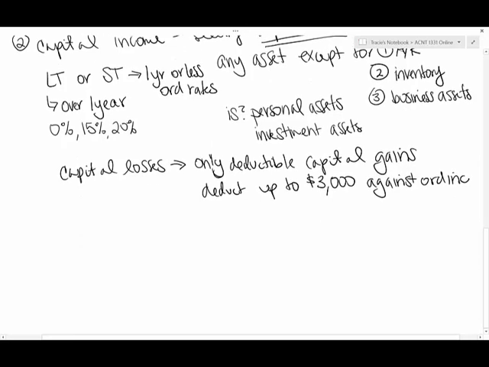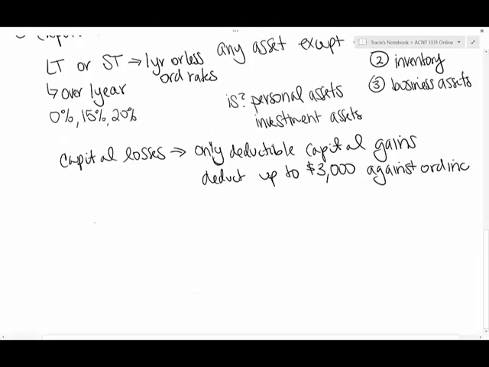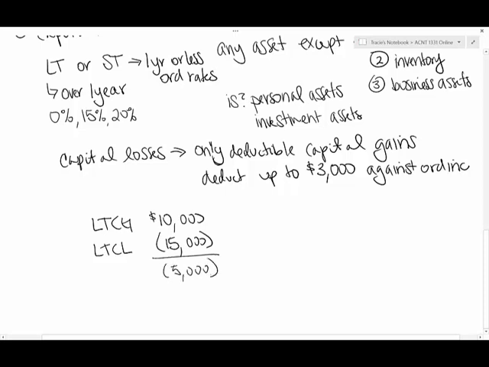So let me show you a little example here. Let's say we have a long-term capital gain of $10,000 and we have a long-term capital loss of $15,000. So what I'll do is I'll net that together and I have an overall $5,000 long-term capital loss.